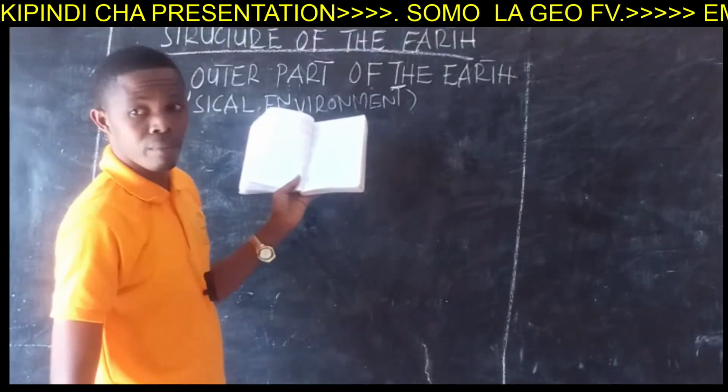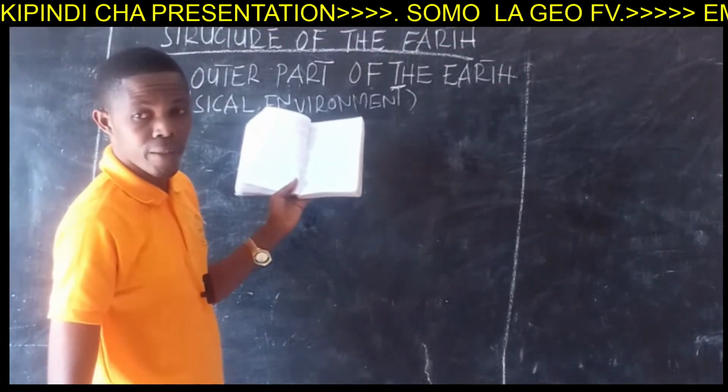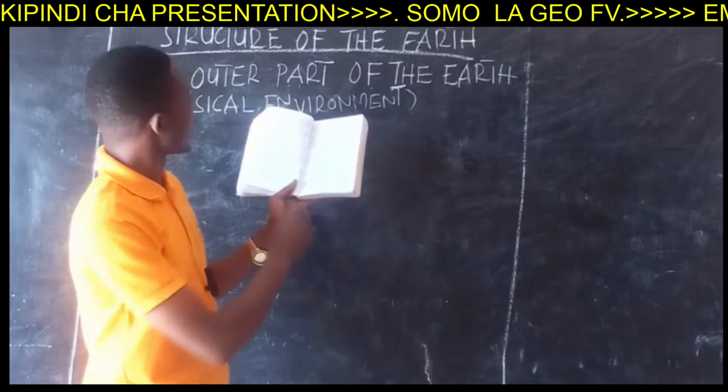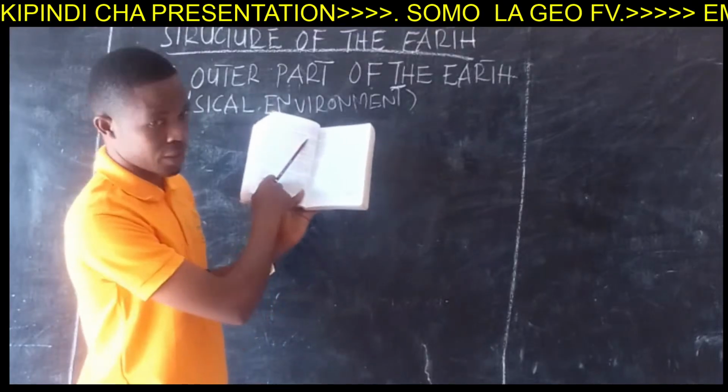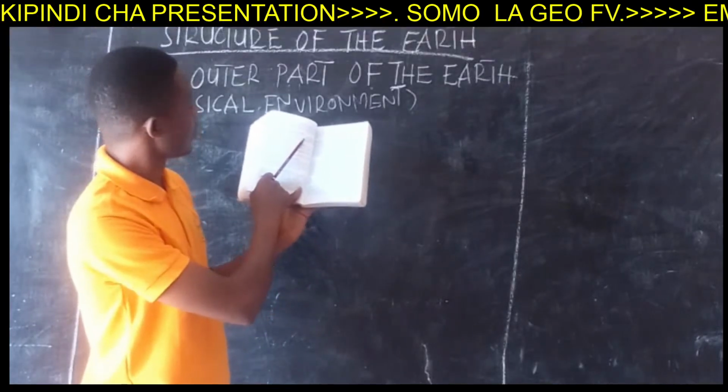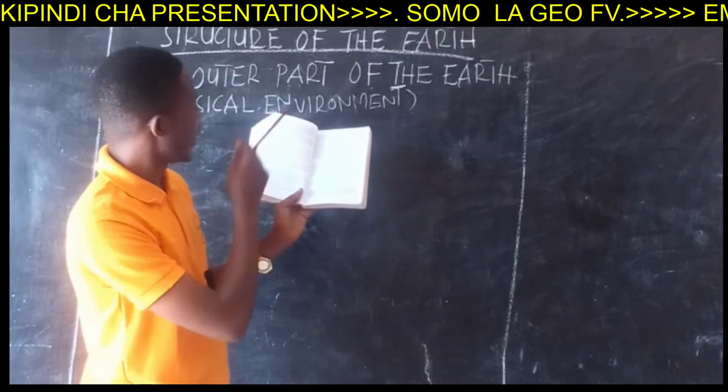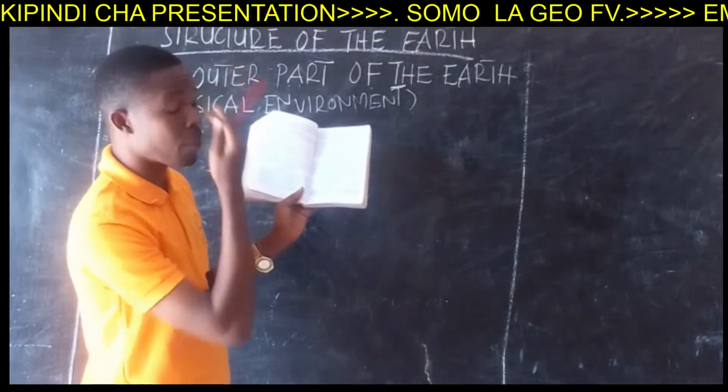The third one will start from extrusive igneous rocks, up to why igneous rock is referred to as the mother of the rocks.